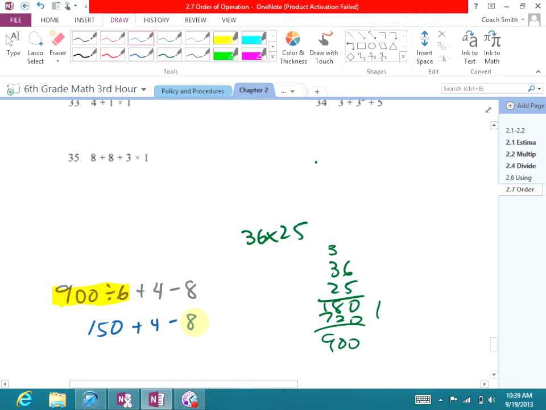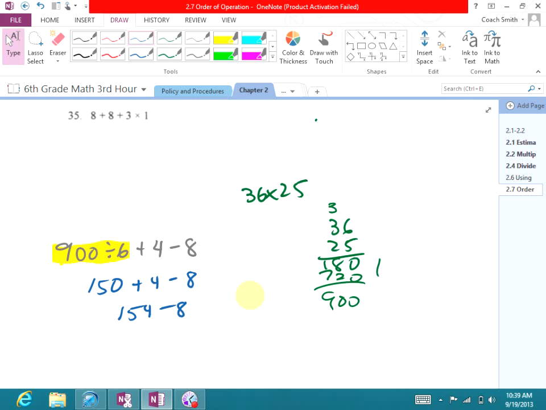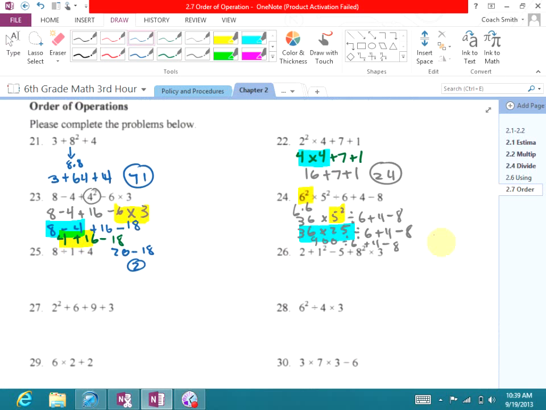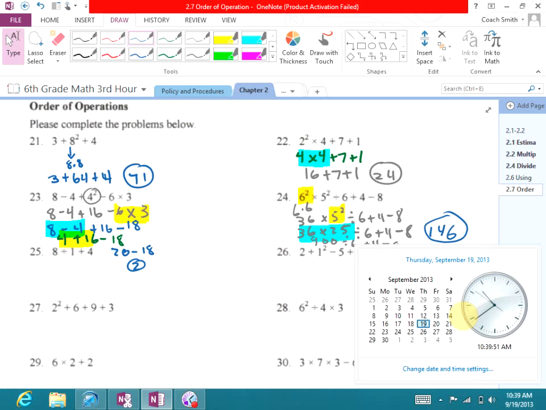Plus 4 minus 8. 154 minus 8, which is 146. So, back up here, 146. Okay? You probably didn't have enough room to do it underneath that problem, so you move out to the side. That's fine. Okay?